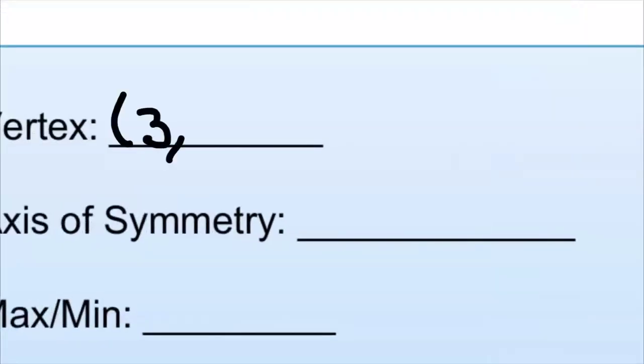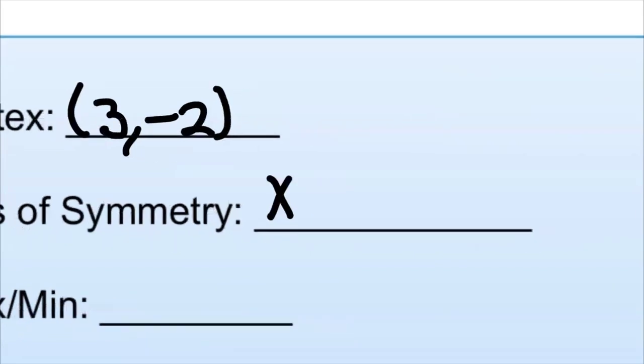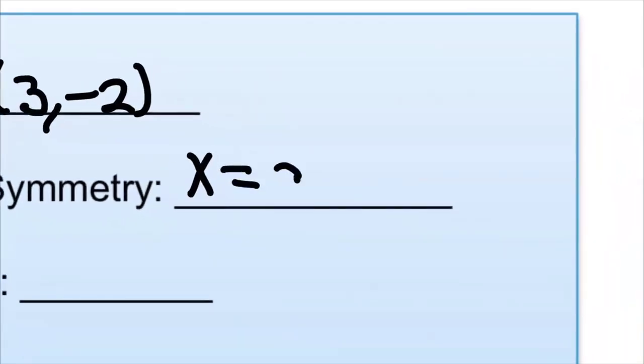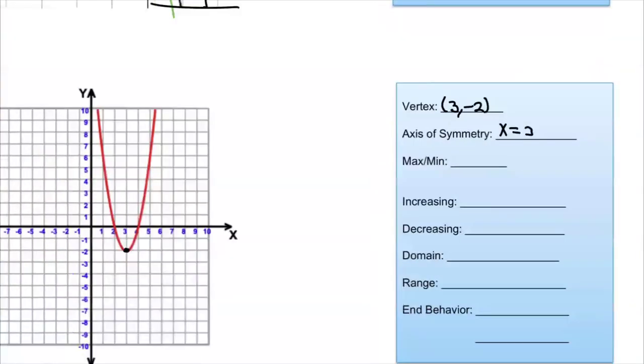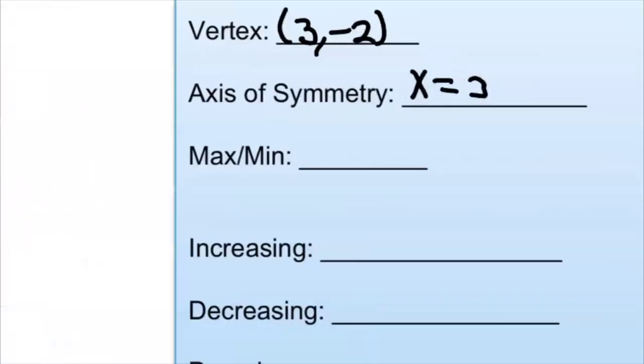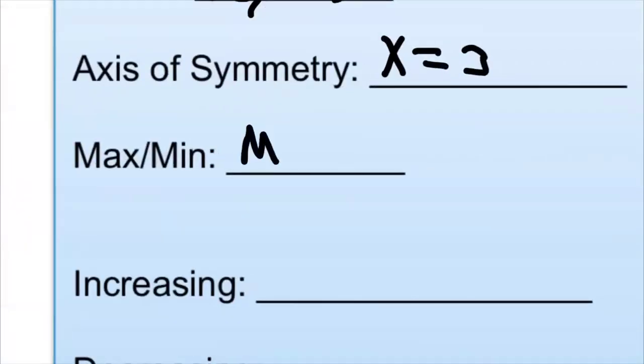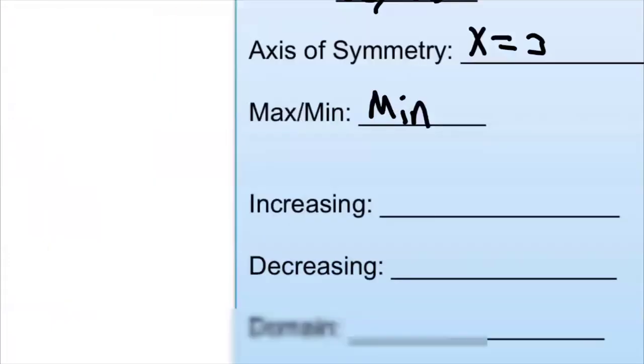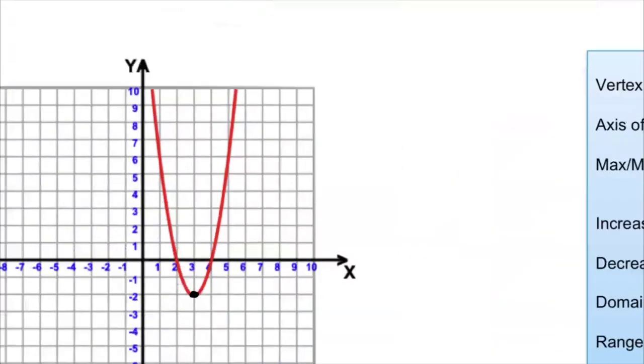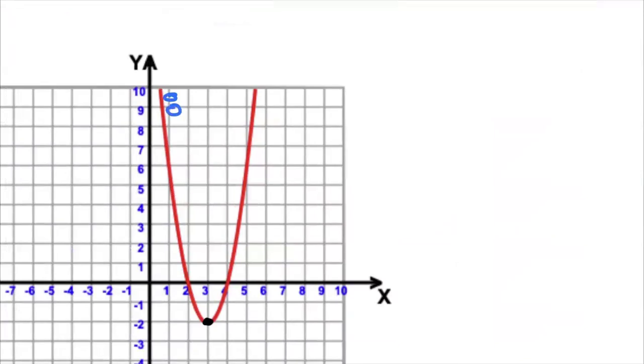So we have 3, comma, negative 2. Our axis of symmetry is always going to be the x value from our vertex, so x equals 3. We have a minimum here because it's positive, concave up. When looking at increasing and decreasing, always start from the leftmost side.